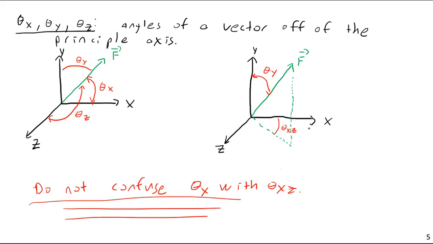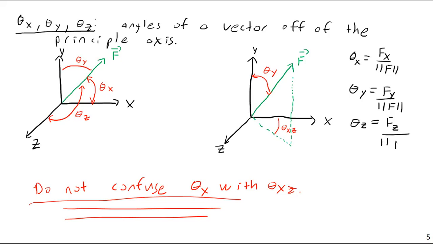Okay, so I need to actually define these. You'll find these equations in the book. Theta x would be equal to fx over the magnitude of F. Theta y would be equal to fy over the magnitude of F. And theta z would be equal to fz over the magnitude of F. Again here, what these mean is fx, fy, and fz are the x, y, z components of your three-dimensional force.